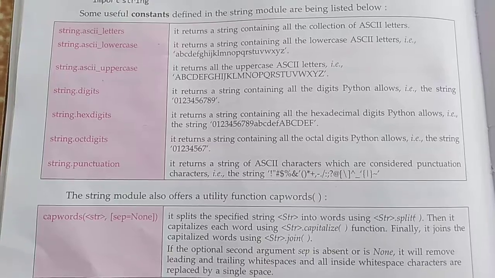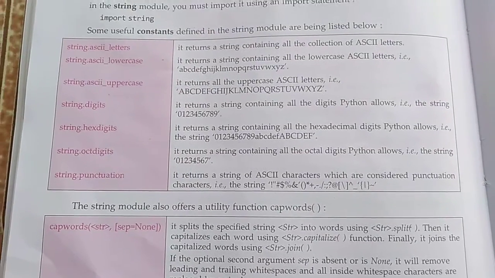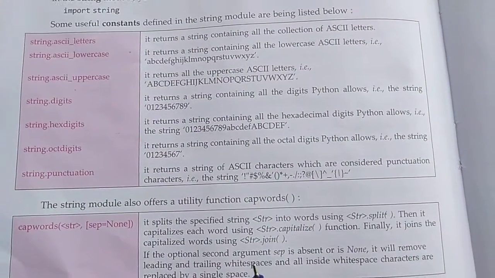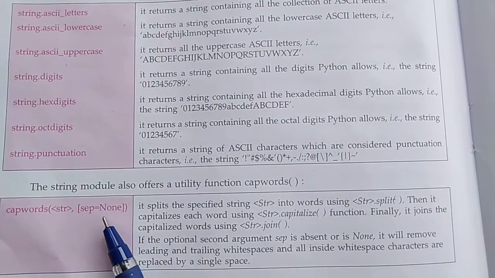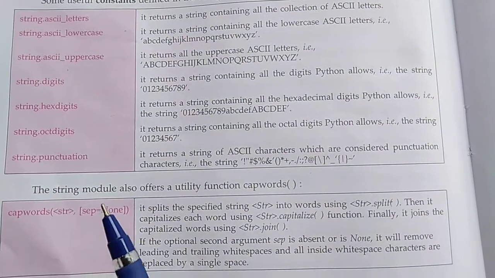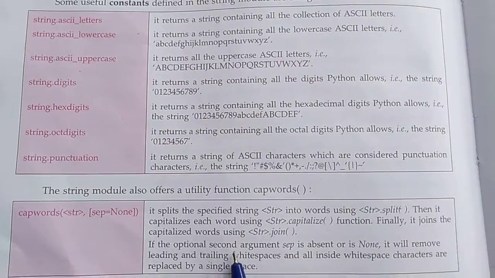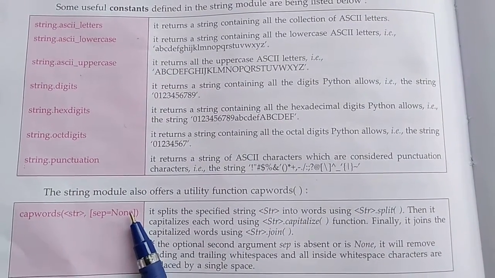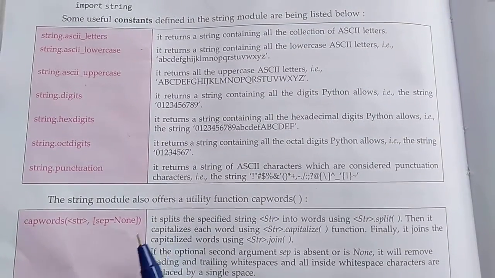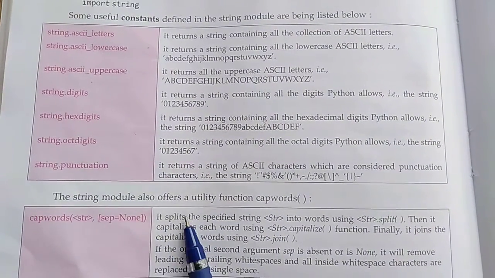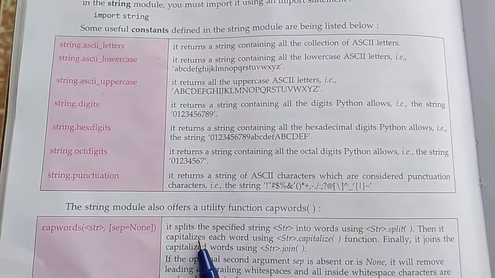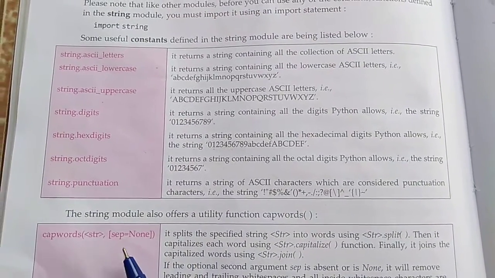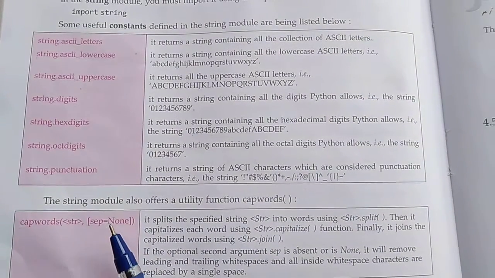If we do not specify the separator, it is treated as a space. If we specify one, that character is used as the separator of each word. I hope you are able to understand this.